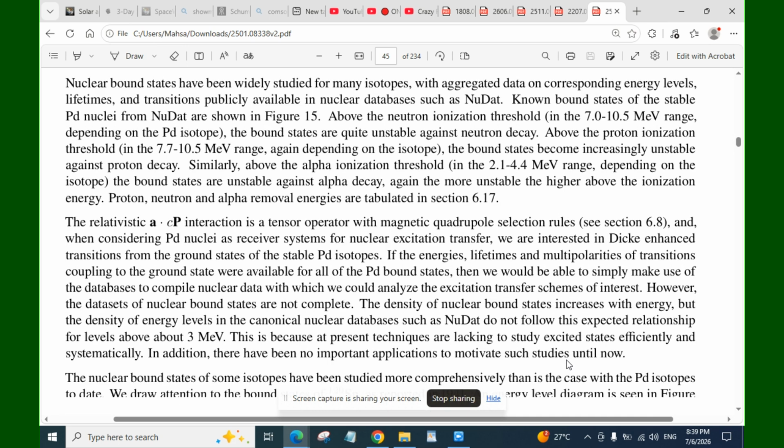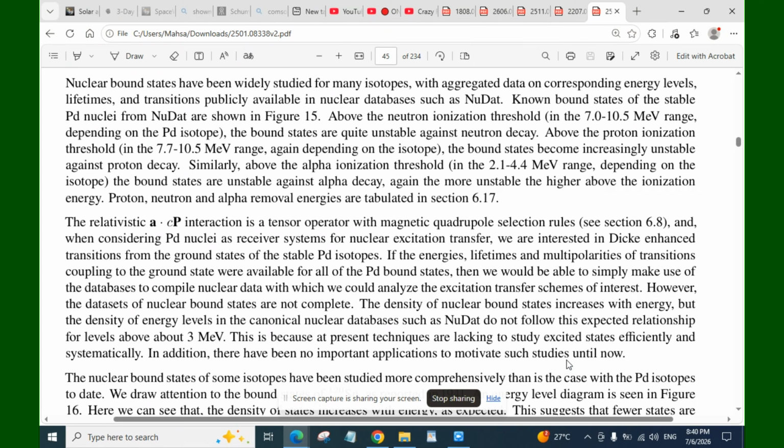Nuclear bound states have been widely studied for many isotopes with aggregated data on corresponding energy levels, lifetimes, and transitions publicly available in nuclear databases such as NuclearDot. Nuclear bound states of the stable palladium nuclei from the nuclear data are shown in figure 15.